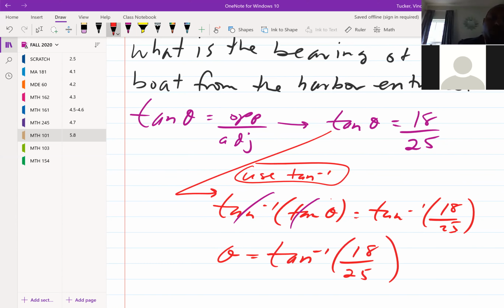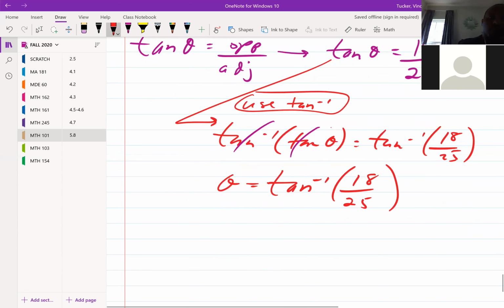So theta will be approximately 35.8 degrees.